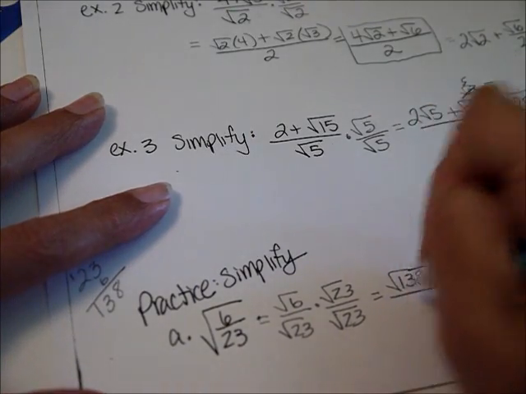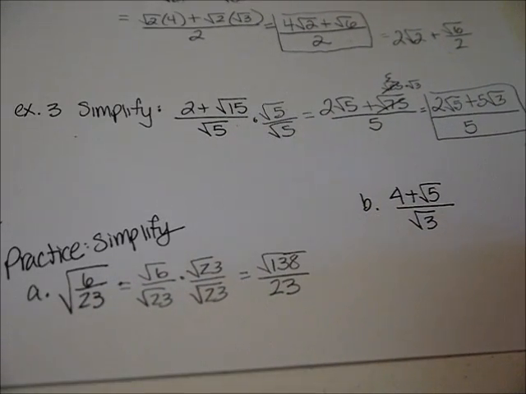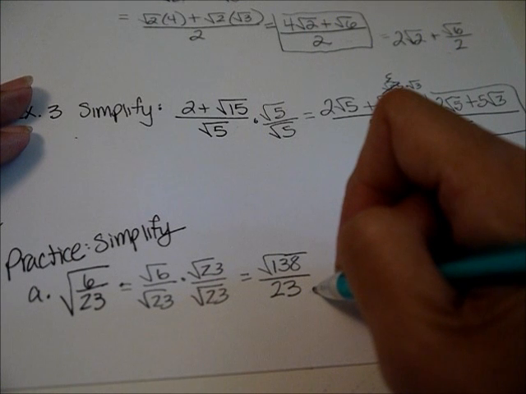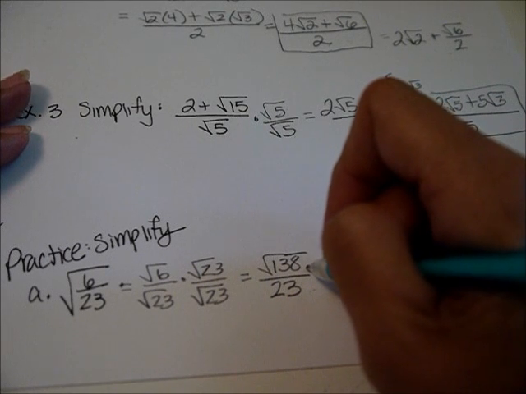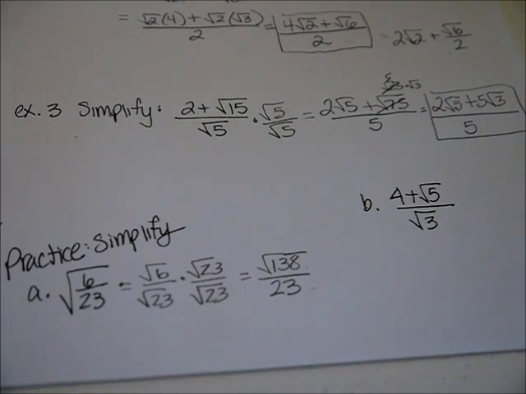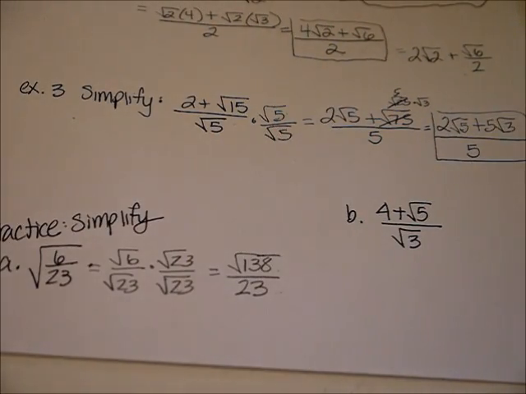I'm not sure if anything goes into that, or if that's the final answer. Without using a calculator and checking to see if any perfect squares go into that, I might just have to ask you guys to check the answer key and see if that's simplified as far as we can go.